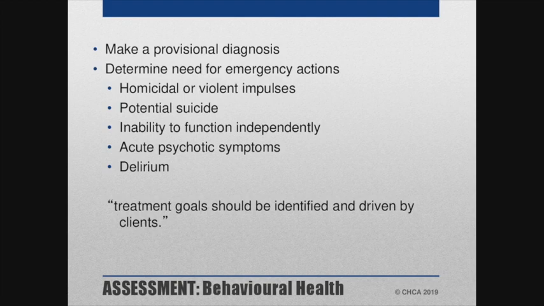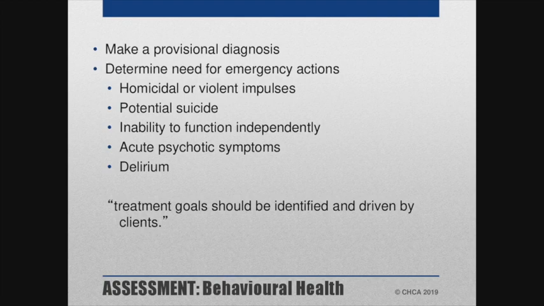Have they divulged that they have interest in killing themselves or have thought about self-harm or dying? Or an inability to function independently, perhaps psychosis, requiring them to be stabilized and medevaced out of the community for further management and investigation.